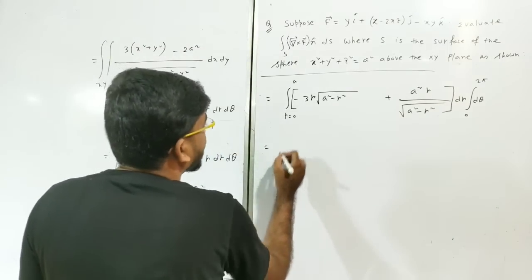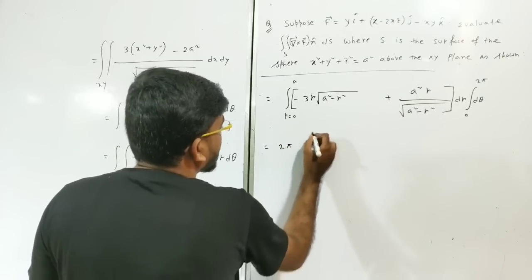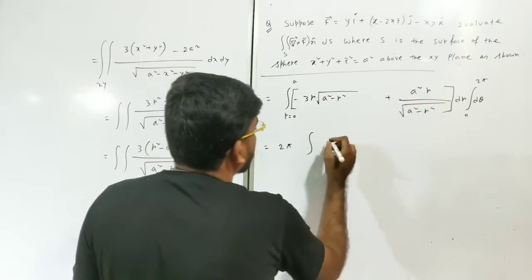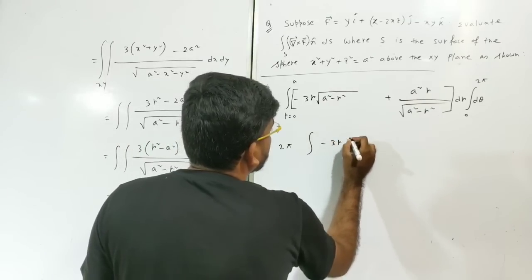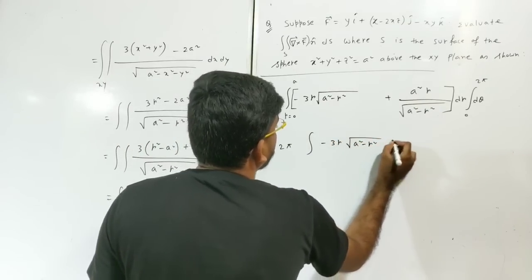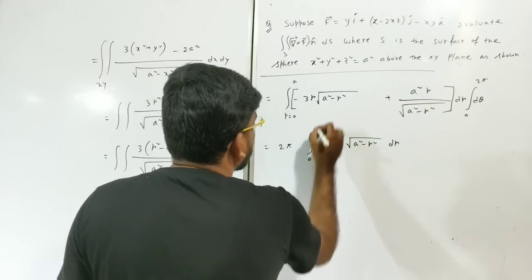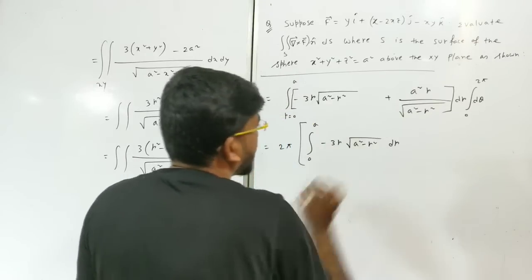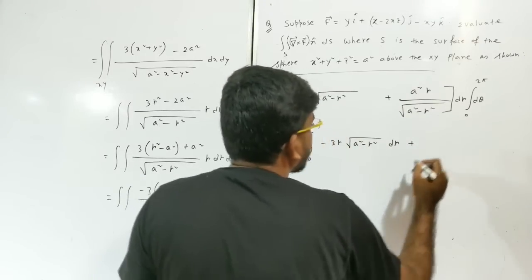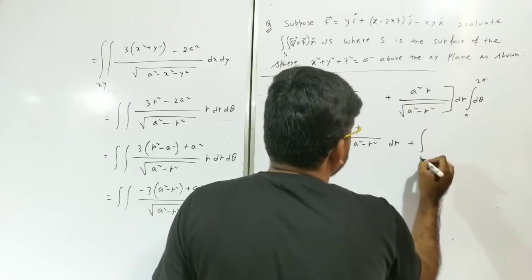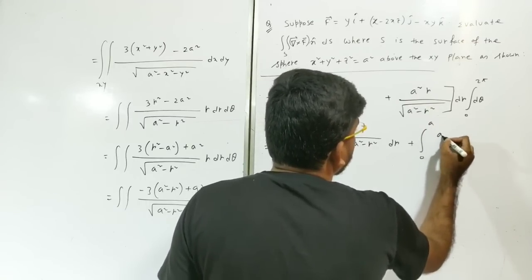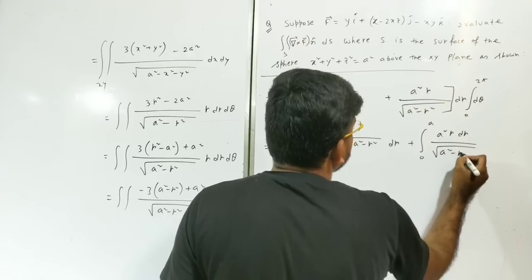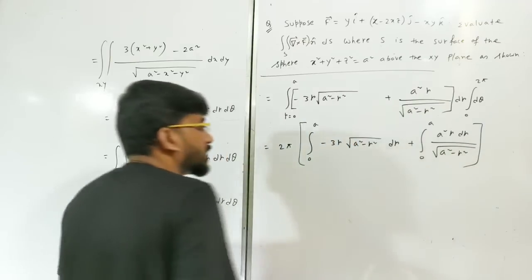So we can write it like this: 2 pi times the integration of minus 3r root of a square minus r square dr from 0 to a, plus another integration from 0 to a of a square r dr divided by root of a square minus r square.